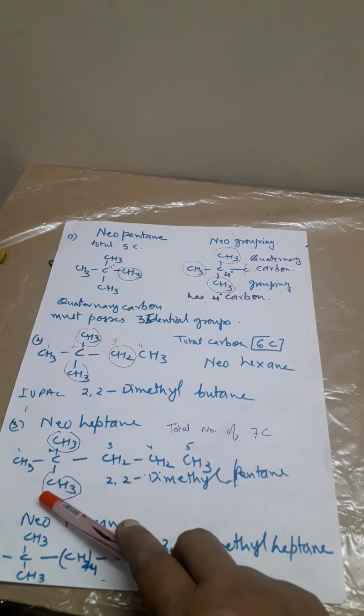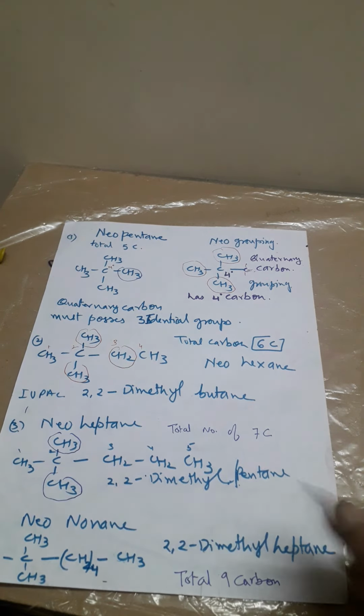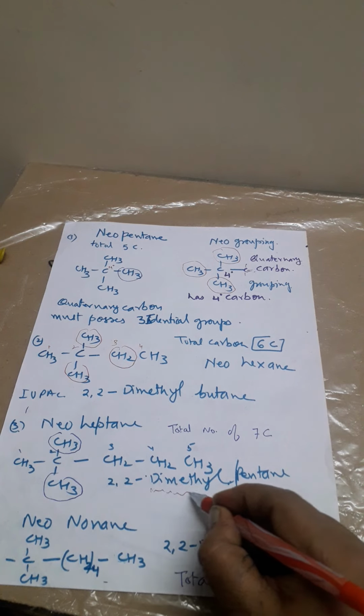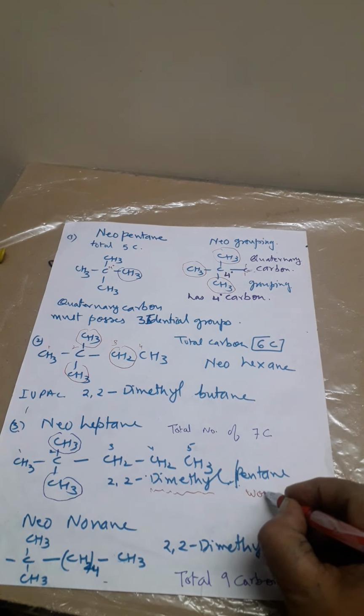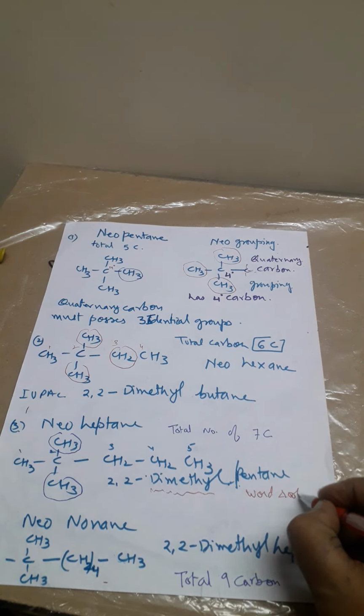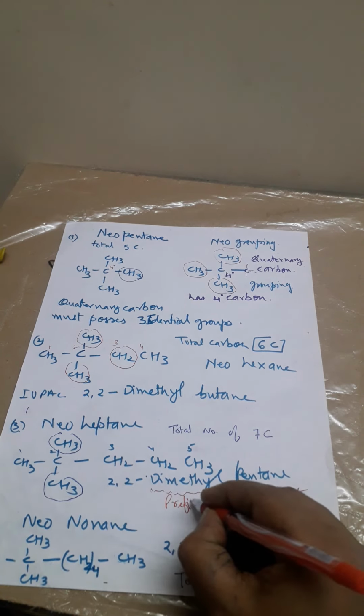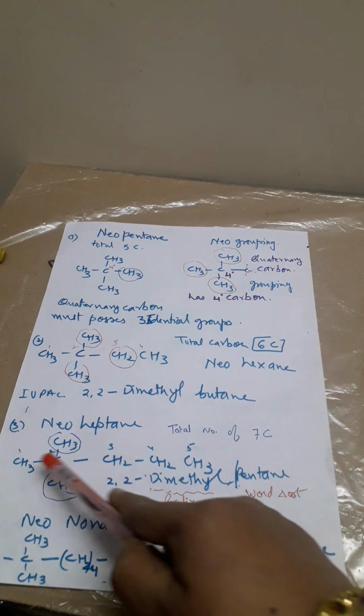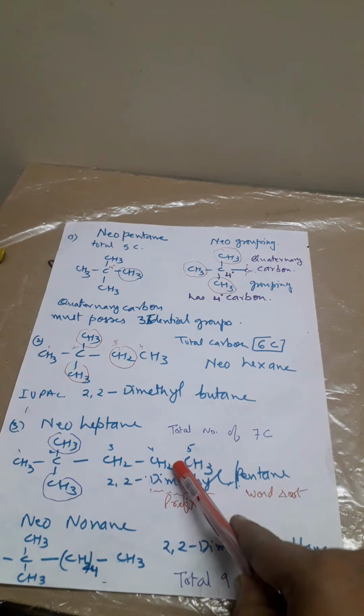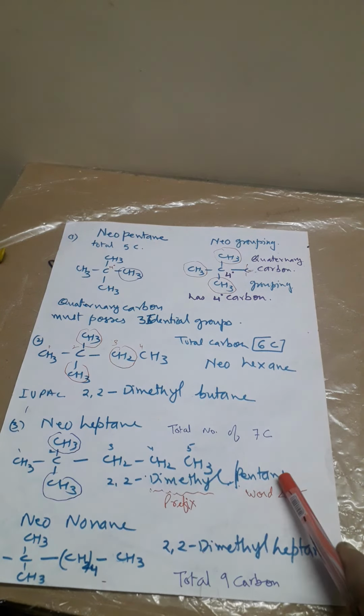So we write them as prefix. So it is 2,2-dimethyl. This is the prefix, and this is the word root. Alkane, all bonds are saturated, single bonded, so we will call it pentane.